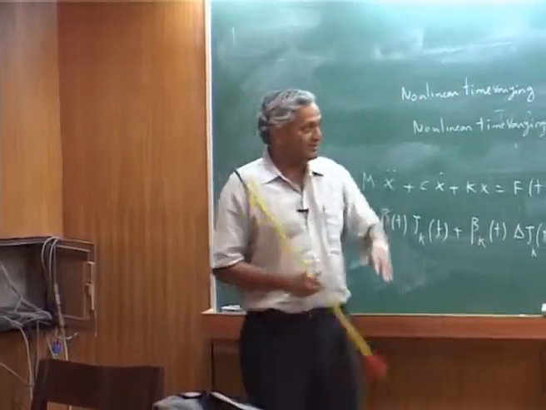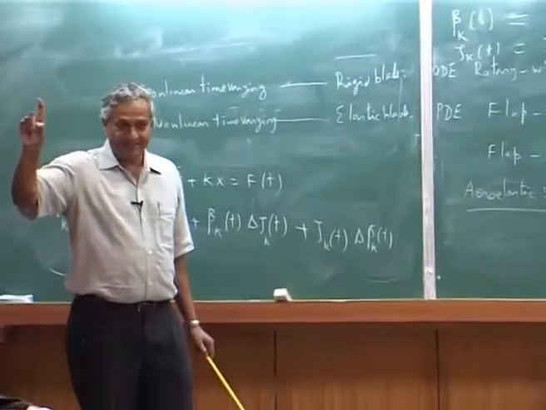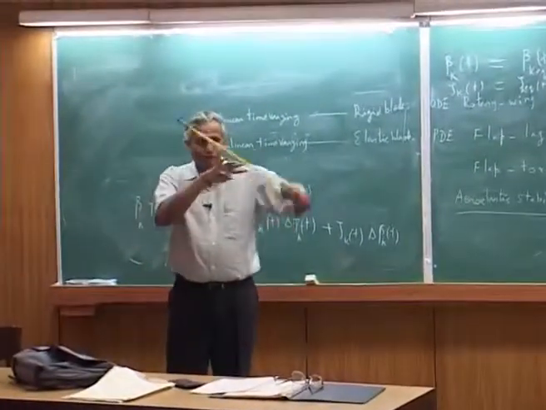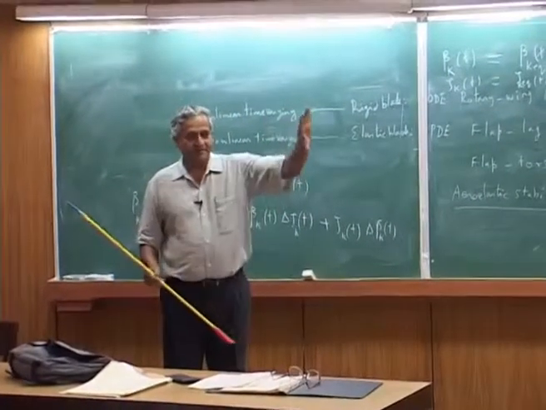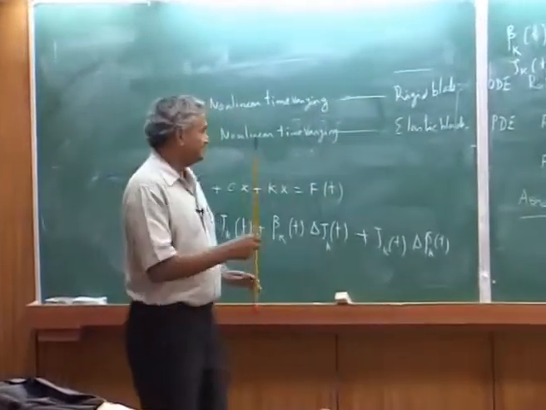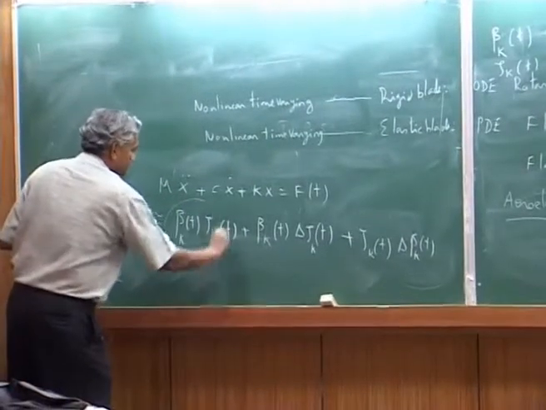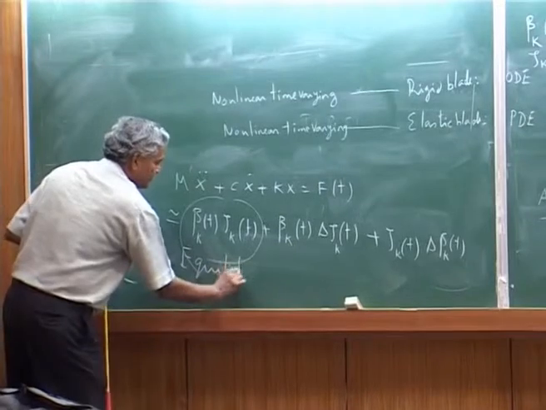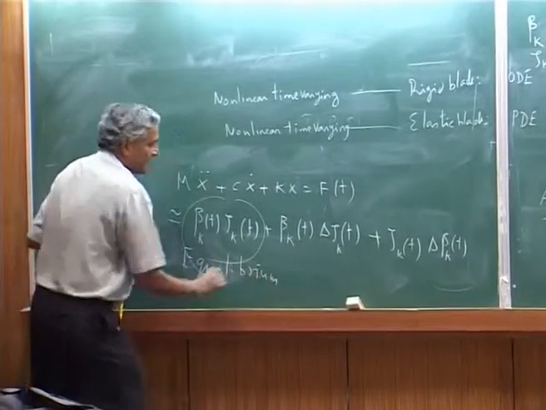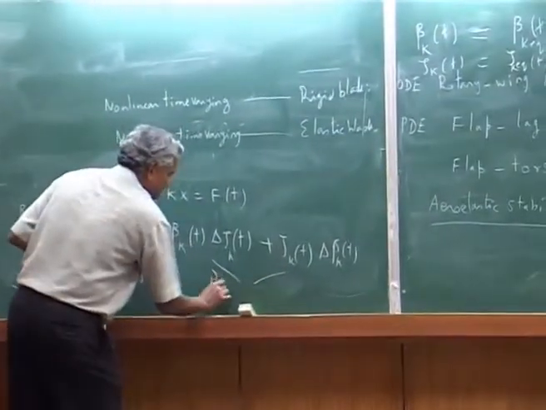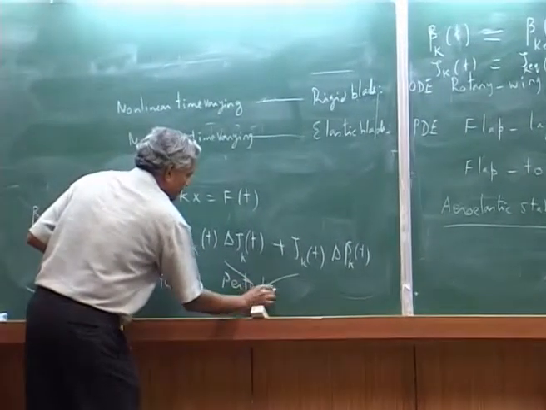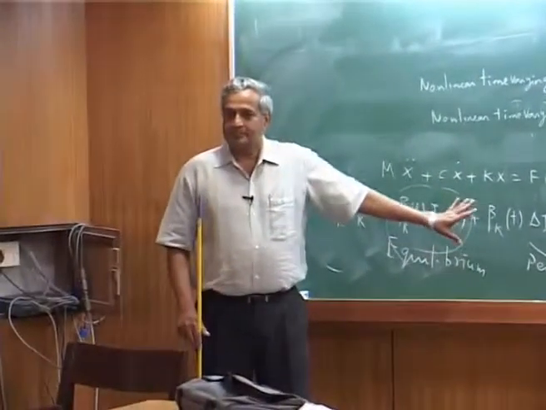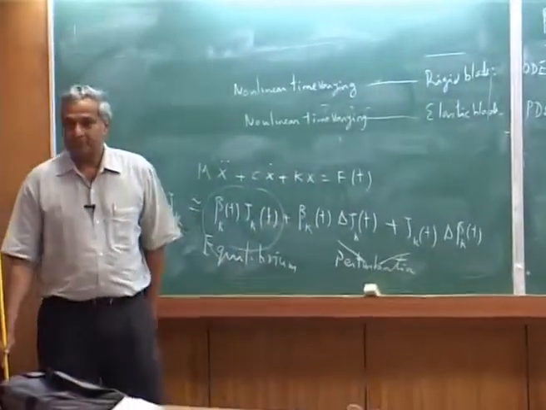What you started with as one set of equations, which is the flap-lag, nonlinear, everything, you now have as two sets of equations. One set is the equilibrium, that is the term which contains this, and that is called the equilibrium equation. And these are the perturbation equations.